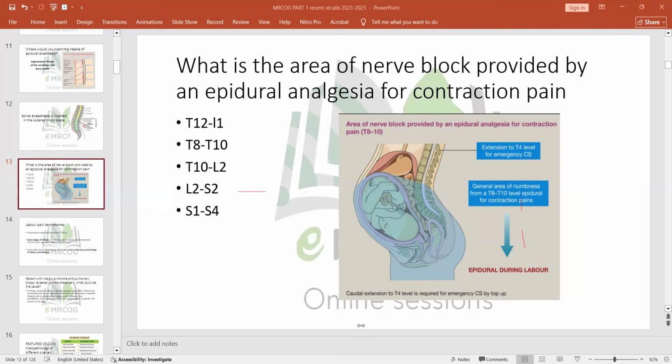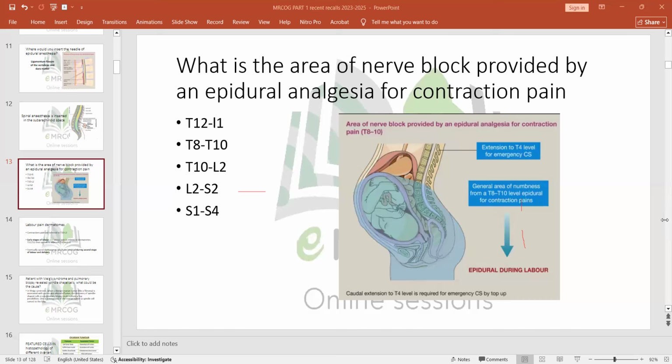Both are different. How? When we give the epidural or spinal anesthesia, our aim is to block the nerves at a specific level, right? So if you know where the contractions are going to start, usually we are going higher than this level.